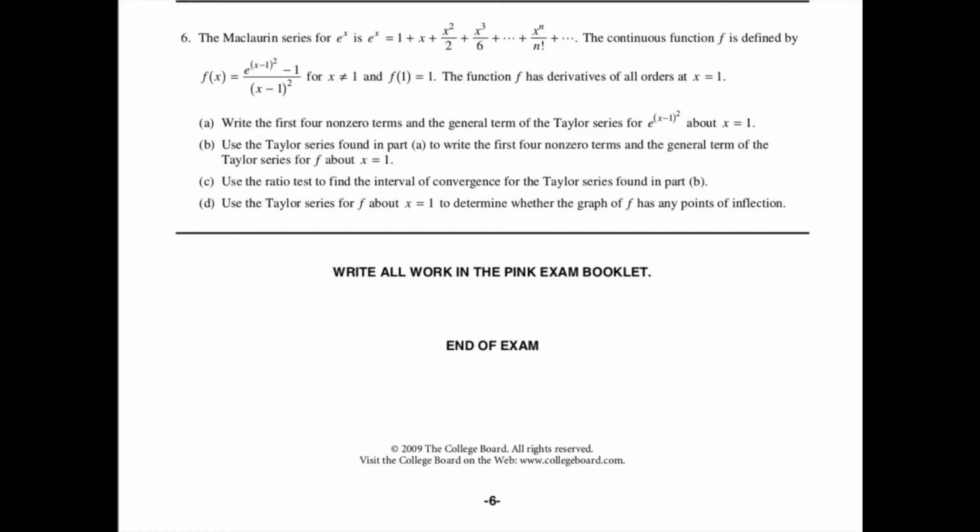Part A asks us to write the first four non-zero terms and the general term of the Taylor series for e to the (x minus 1) squared power about x equals 1.